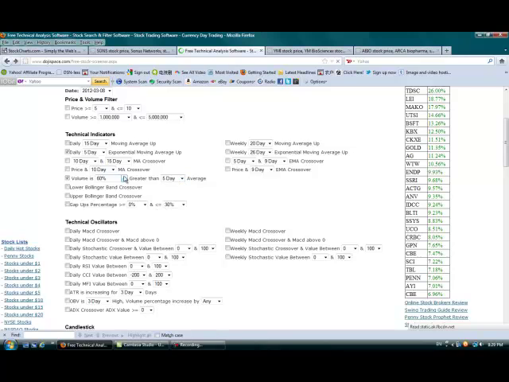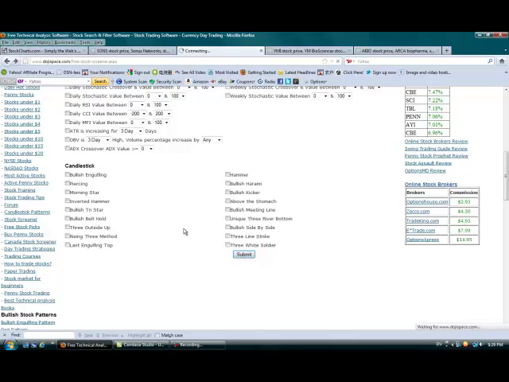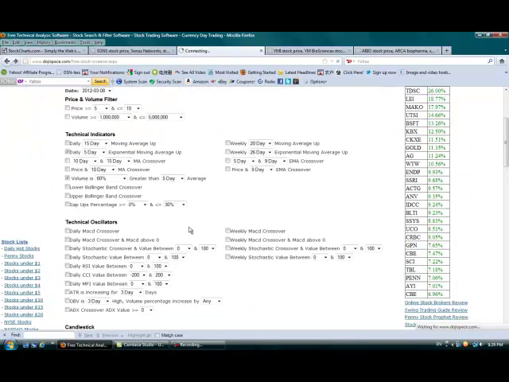Let's leave it as the default, and then let's screen for now. This search criteria actually searches for short-term trading stocks. Again, this will take a little time. Usually when there are a lot of stocks matching the search criteria, it will take longer. If there are only a few stocks, then it's much faster.